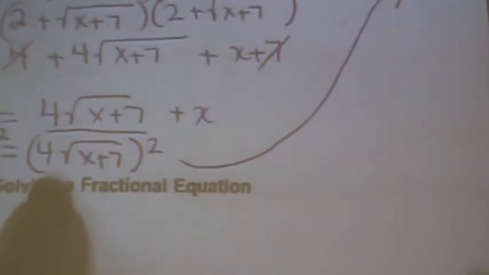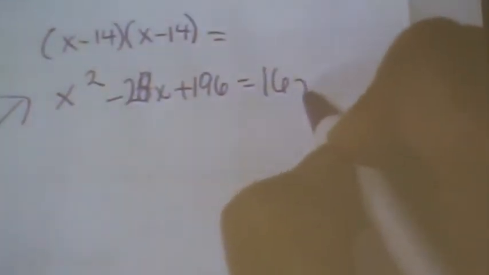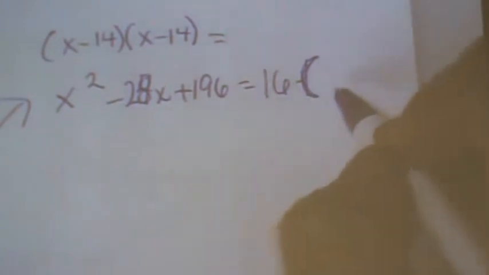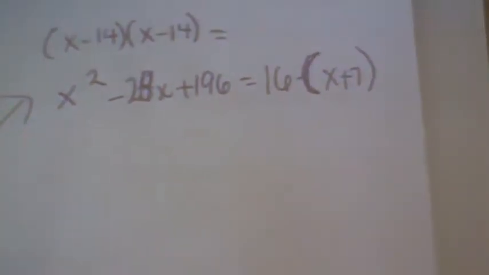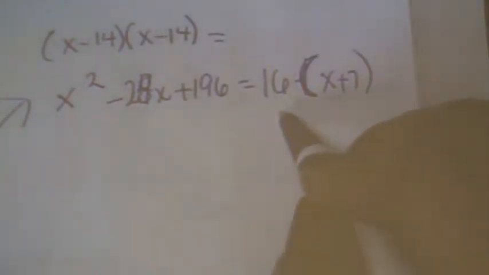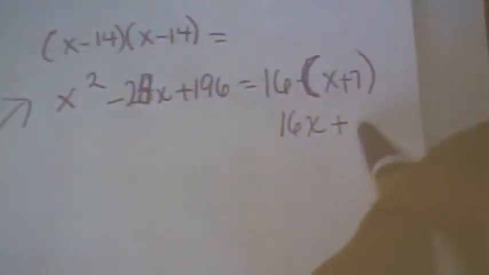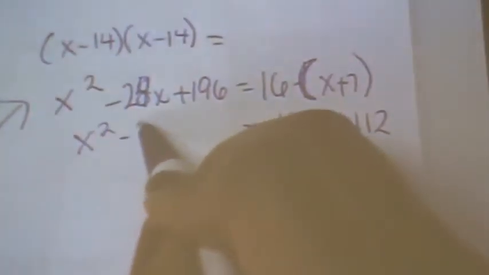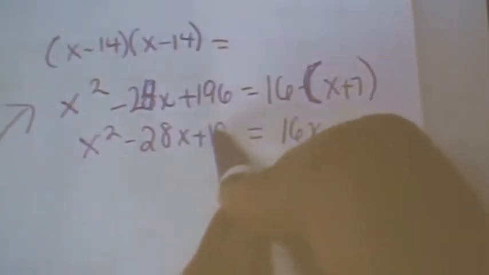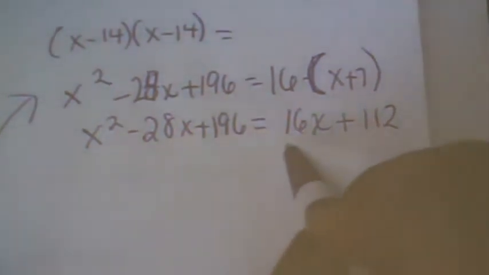Do you know what that is? 4 times the square root of x plus 7, quantity squared. It'd be 16 times x plus 7, which is 16x plus 112. Now what do you think you're going to do?